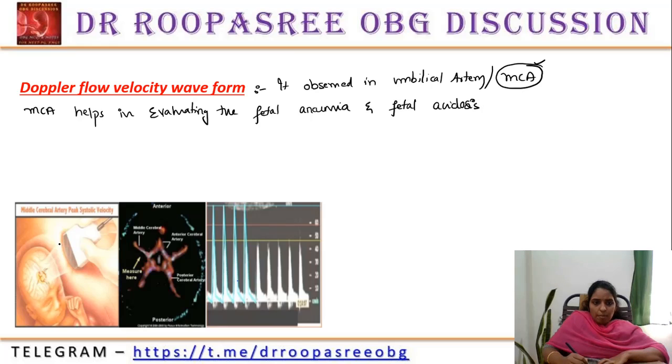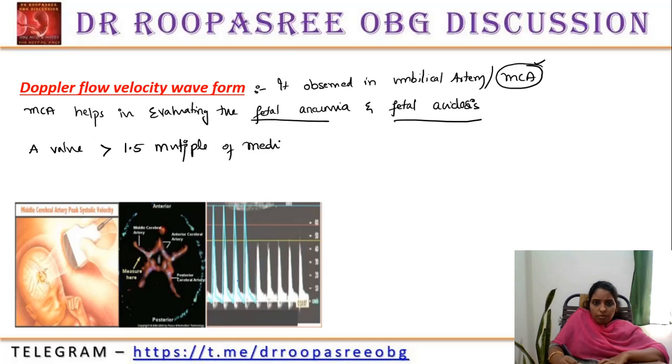Okay, see by Doppler we are observing all the middle cerebral artery. Now we are seeing all these waveforms. Depending upon the waveforms, we evaluate the fetal anemia and the fetal acidosis. Okay, a value greater than 1.5 multiples of median. They describe it as 1.5 MoM.